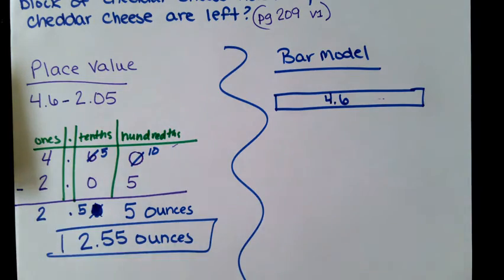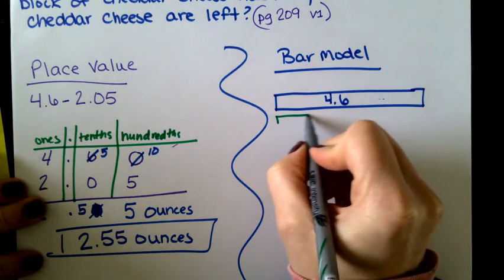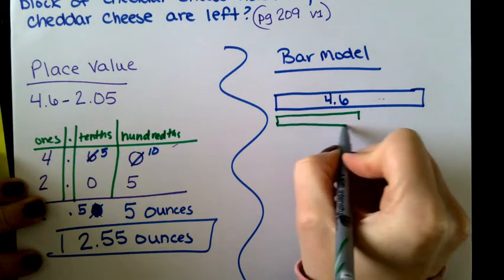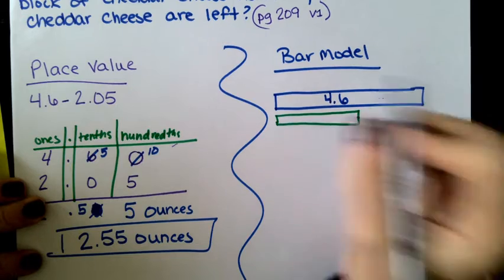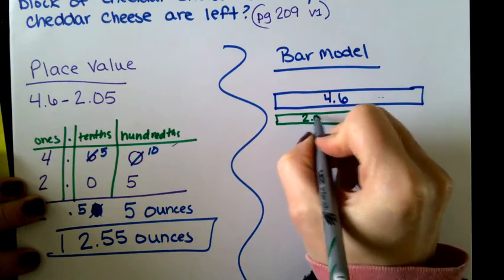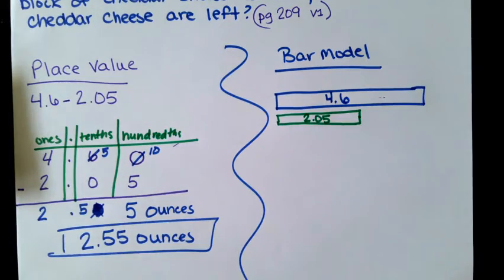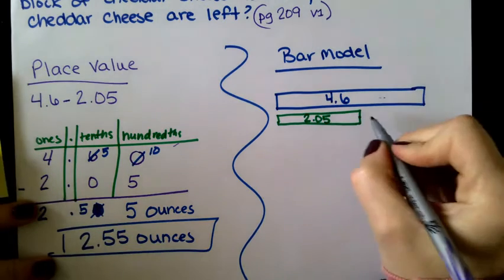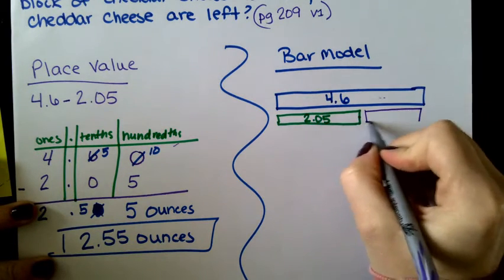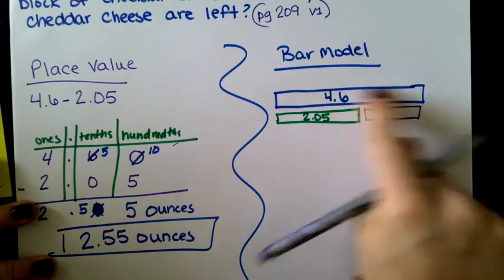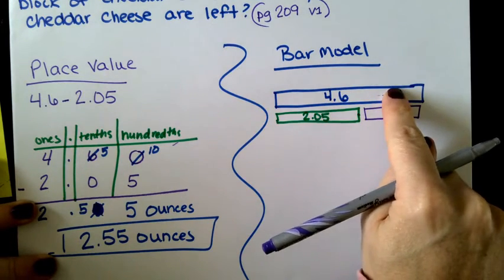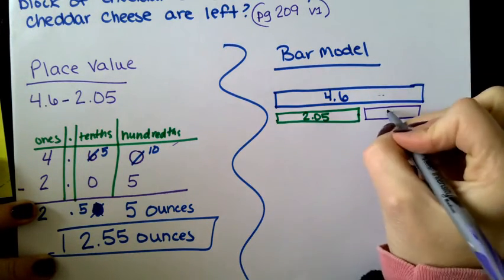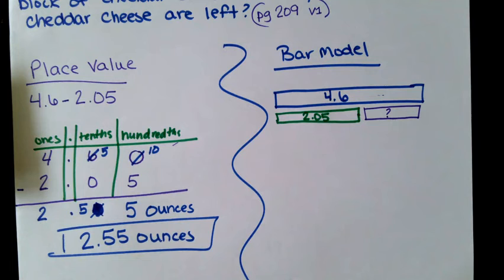Now, Marty only ate a part of the cheese, which was 2 and 500ths. Now, there's this missing part, right? There's a missing part because remember, 2 parts make a whole. So my whole was 4.6. This is a part and this is a part. I don't know this part.